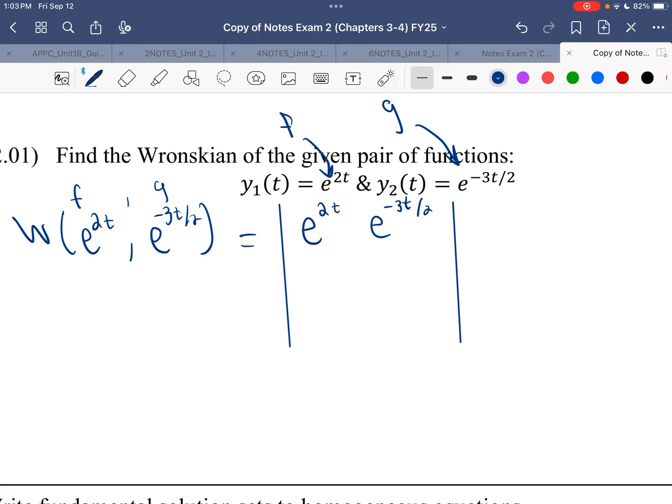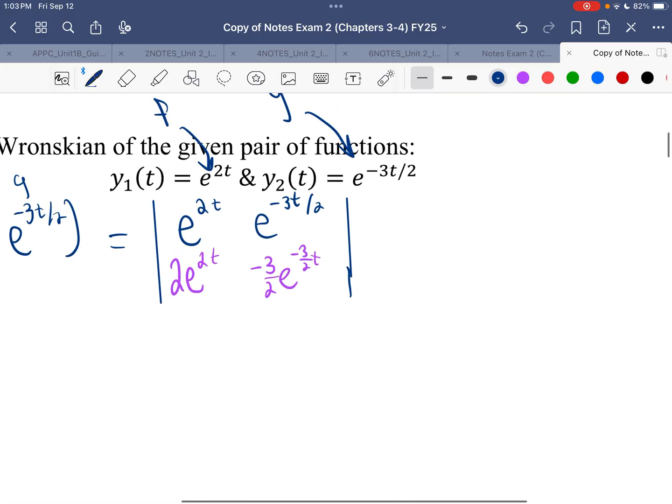Okay, and think, what is the derivative of e to the 2t? 2e to the 2t. The derivative of e to the negative 3/2 t is negative 3/2 e to the negative 3/2 t. Okay, find the determinant.